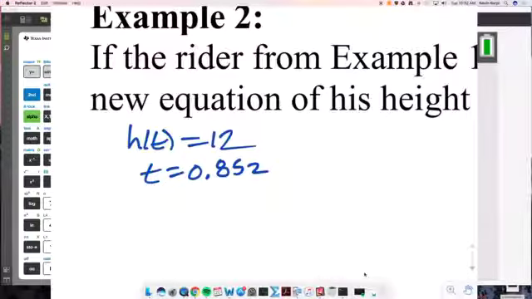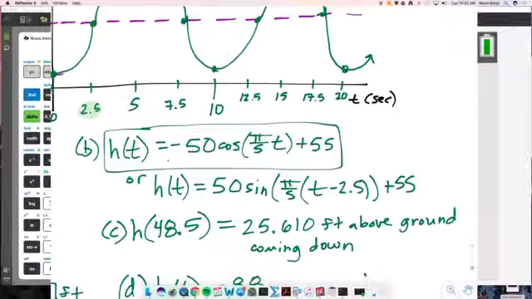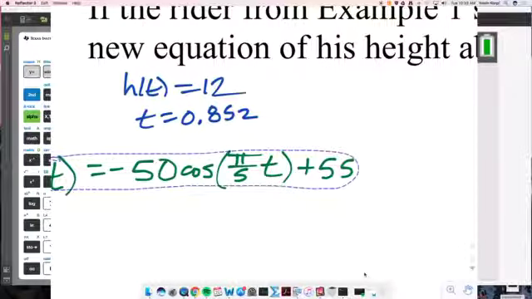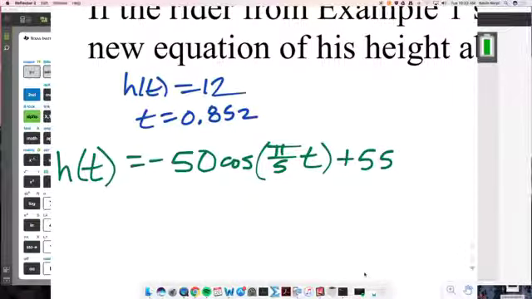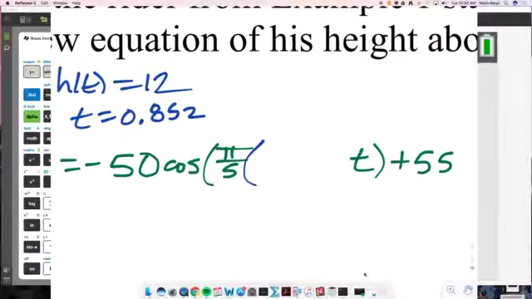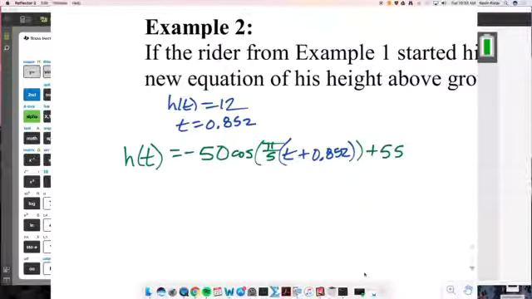All right, so now all we have to do, come back up here, grab the original equation you had, and because we started late, we are going to add that to our C value, whatever it was originally. Now in this case, luckily, the C value was originally 0. So to shift it left, it's going to be t plus 0.852 plus 55.